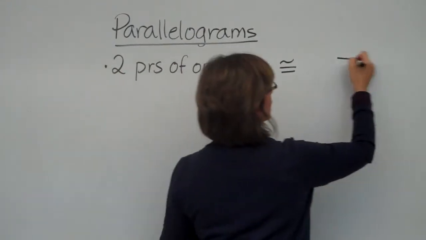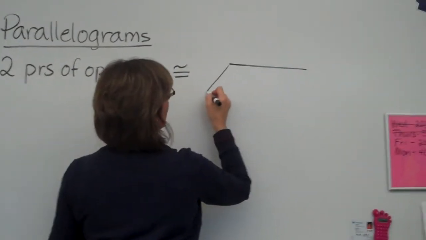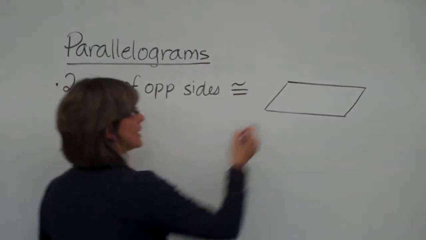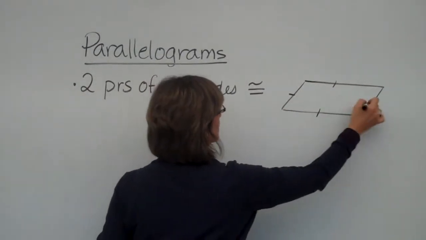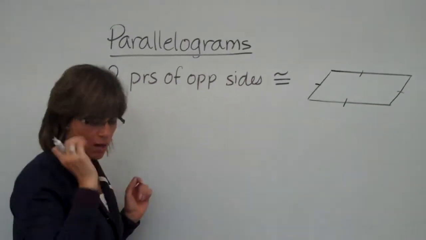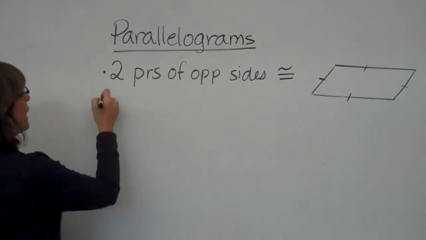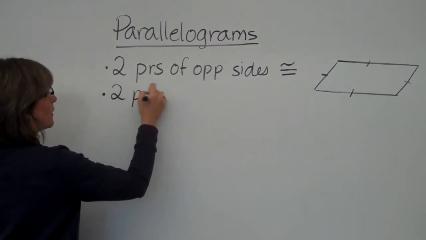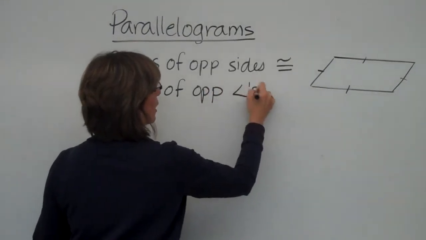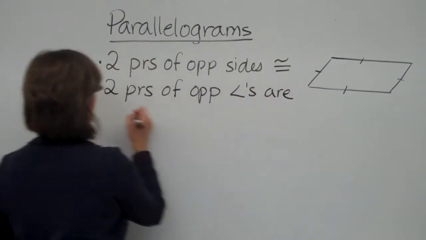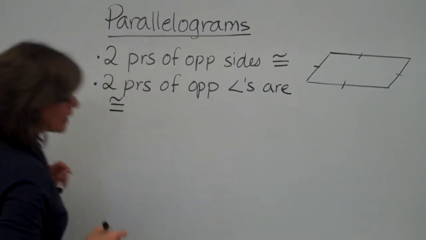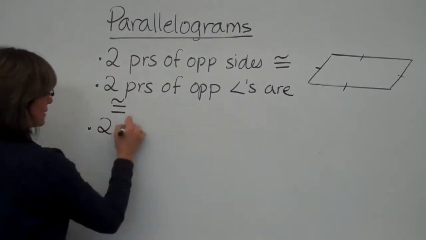So let's draw one over here. Here's a parallelogram. You can see, because of my tick marks, that these 2 sides are congruent and these 2 sides are congruent. 2 pairs of opposite angles are congruent. 2 pairs of parallel sides.